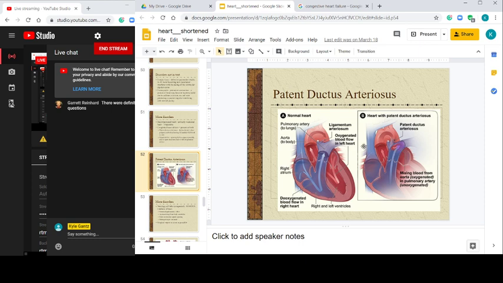After we're born and we take our first breaths, this thing tends to clear up, and it ends up being the ligamentum arteriosum.